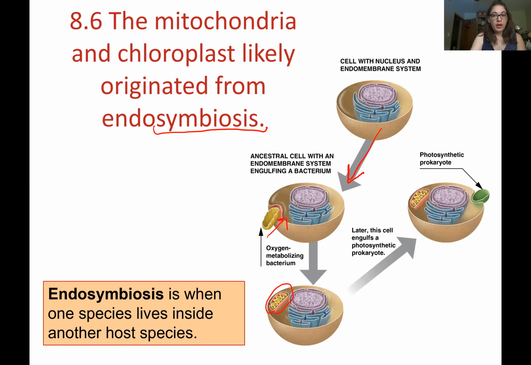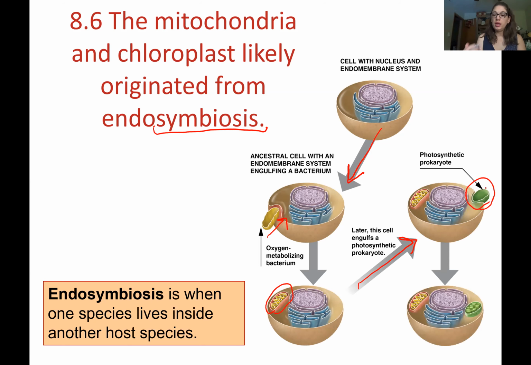Then later on in time, the cell or its daughter cells engulfed a photosynthetic prokaryote, which as it was engulfed, had a second membrane form around it, which eventually became chloroplasts. So that is how it is believed that the endomembrane system was formed and how mitochondria and chloroplasts came to be inside cells, that they were originally prokaryotes that were independent of that cell.